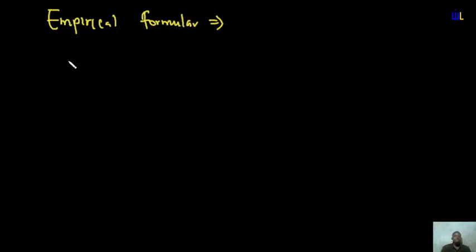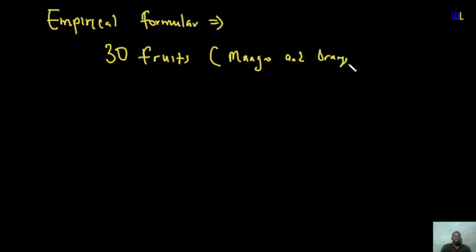Take for instance, I have a question and tell you that I have a basket of fruits, and inside that basket there are 30 fruits, and the only fruits in that basket are mango and orange. If I tell you that the proportion of mango to orange is 2 is to 1, does it mean that the total number of mango fruits there is 2?